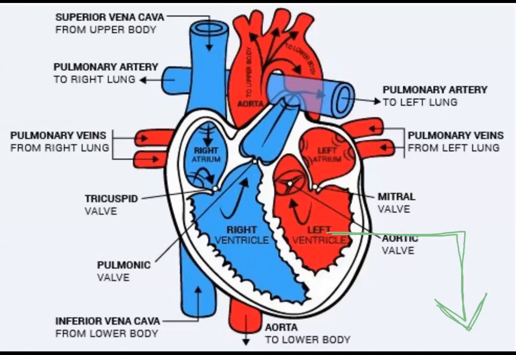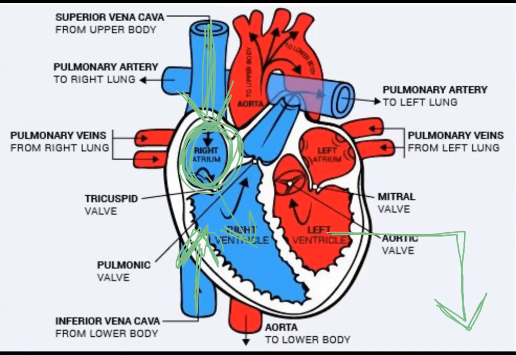The venous system will bring it back to the right side of the heart, right? To the inferior and superior vena cava. It's going to come back to the right atrium, here represented in green, right? So this right atrium will receive this blood from the body and pump it to the right ventricle.